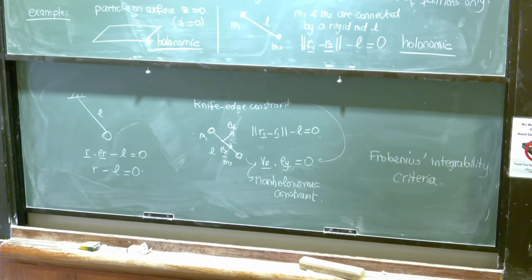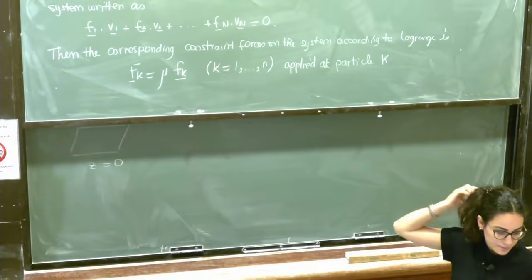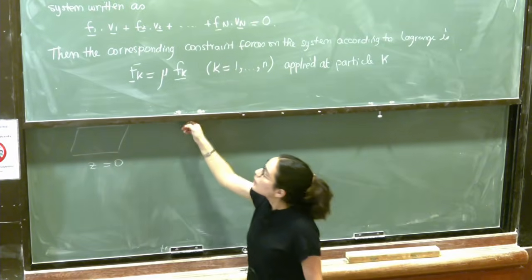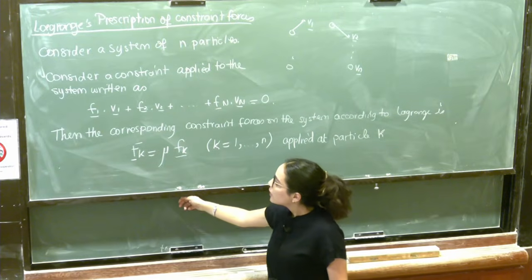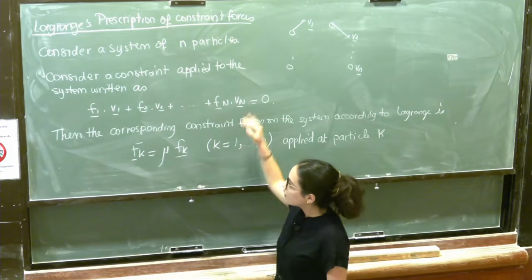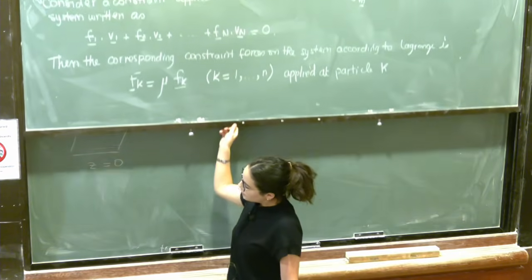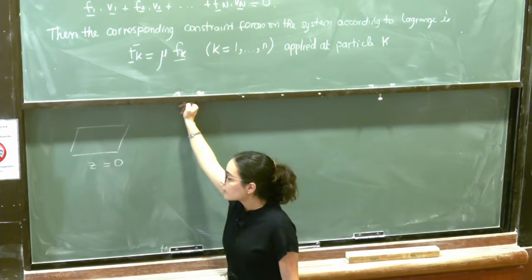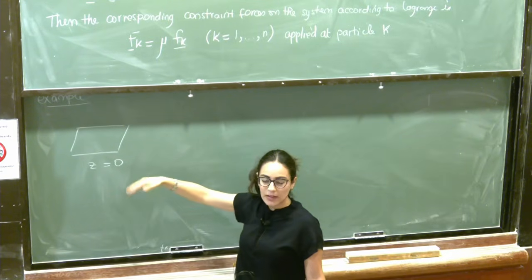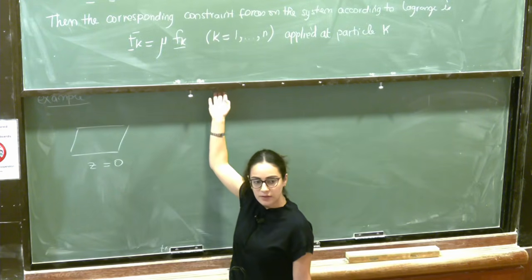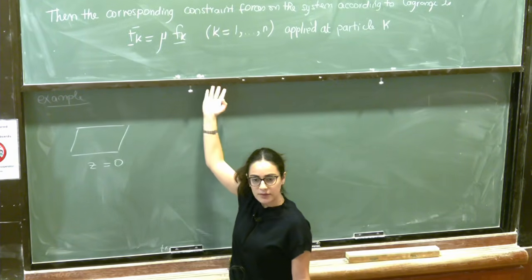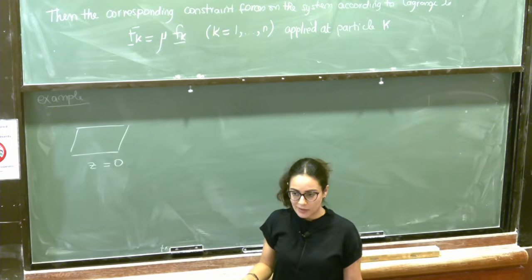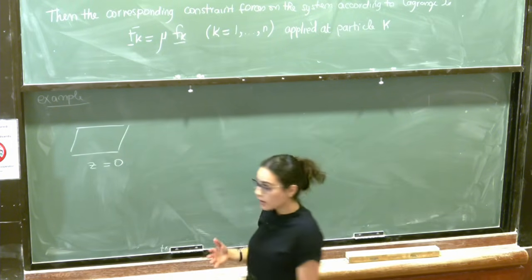Before I write the constraint force, I want to figure out what the constraint is. The form above is written in terms of velocities, right? Now this constraint is written in terms of positions. How can I write it in terms of velocities? I can differentiate it, right? So I'll get z dot is equal to 0.